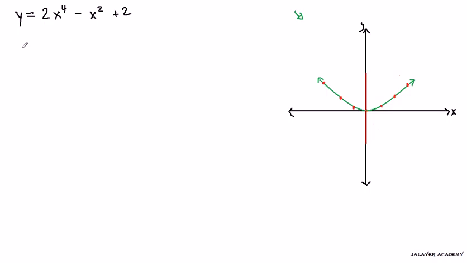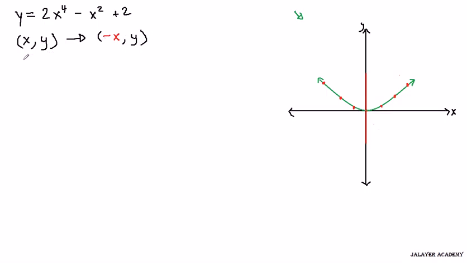Okay? And the way you do it is, for every coordinate x and y, you replace the x with a negative x, and I'm going to put this negative x in red so it's clear. Okay, and y stays the same.